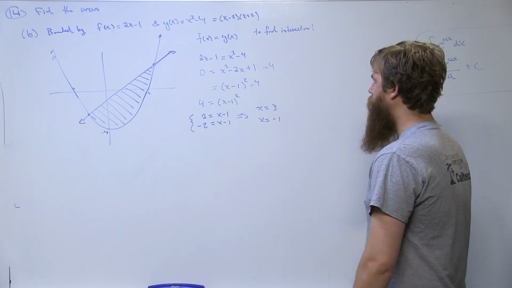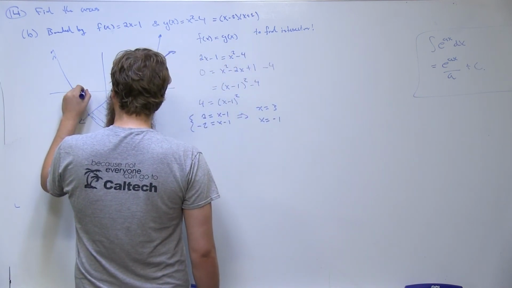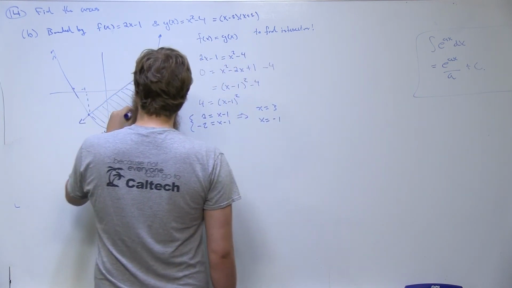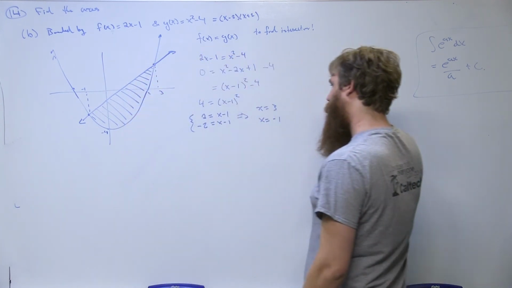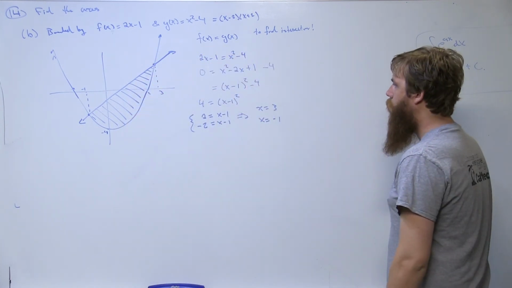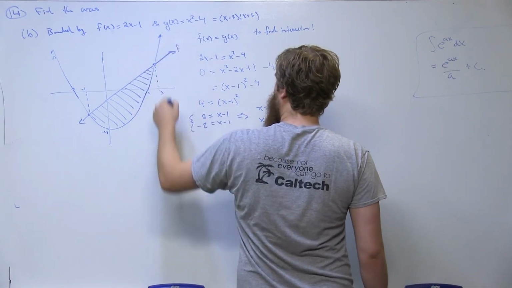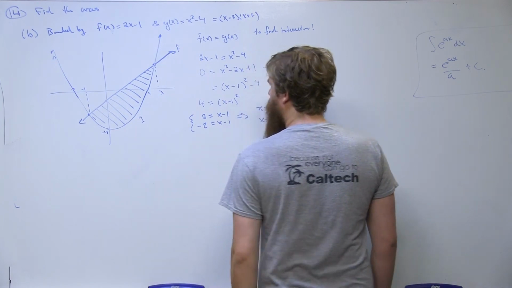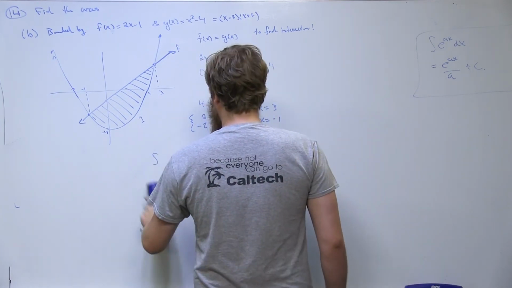Okay? So it just happened to work out nicely completing the square without thinking too hard. So this guy is negative 1, and this guy is 3. Therefore, to find the shaded area, we need to integrate from negative 1 to 3, the upper function, which is f, minus the lower function, which is g. Okay? So, let's give ourselves some space.